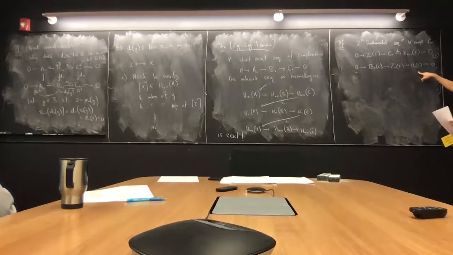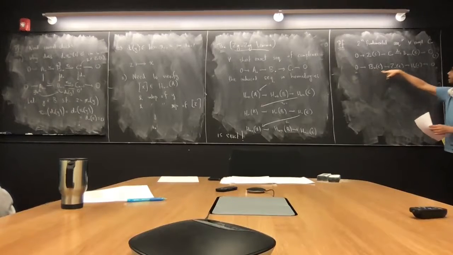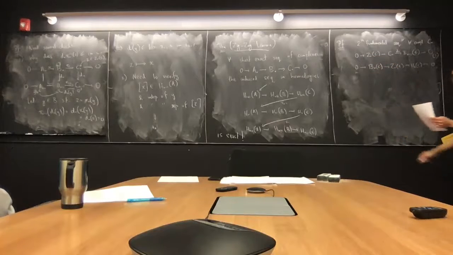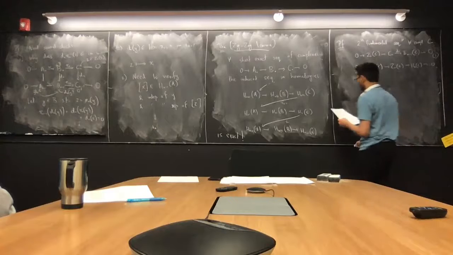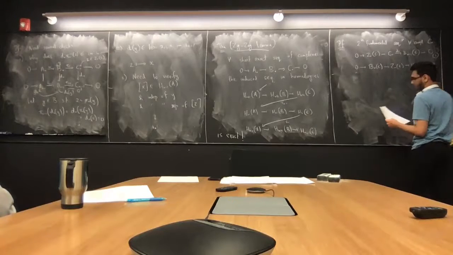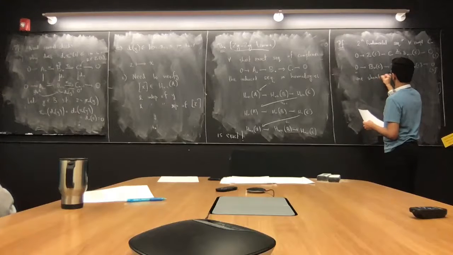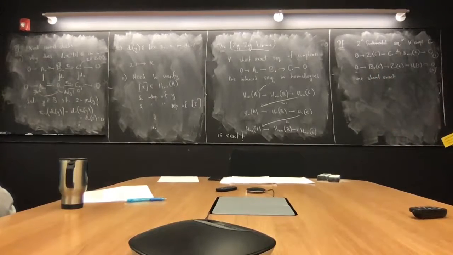This one is exact trivially because Hn is just Zn mod Bn. And so is this one because Bn minus 1 is just Cn mod Zn. There's 2. These are short exact. But the first one, that's by the first isomorphism theorem.